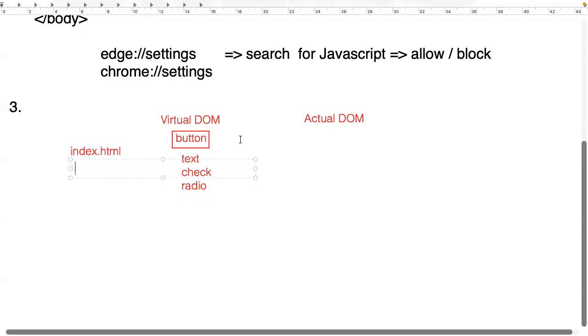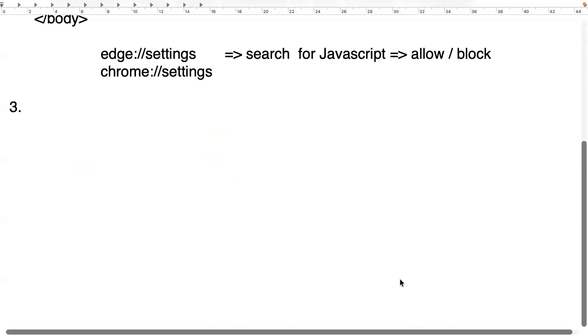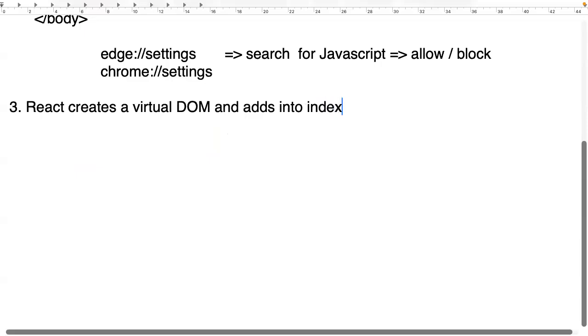And later it is updated to the actual DOM. The flow we will learn later, right? Now, the next point we have to do is, React creates a virtual DOM and adds it into index.html.